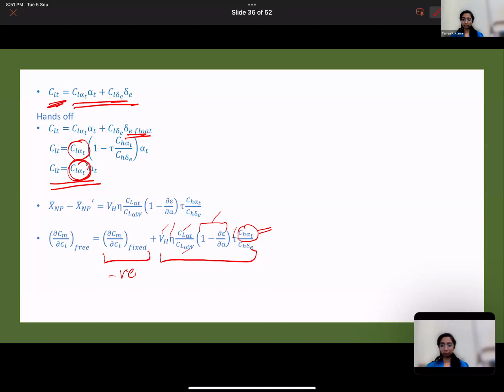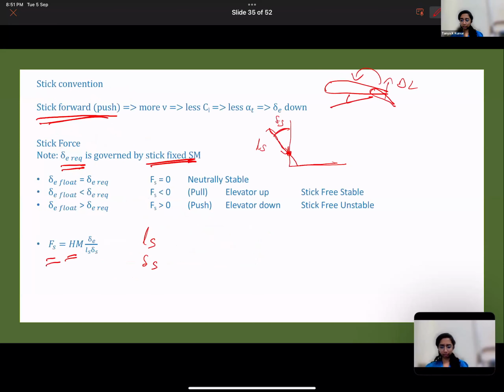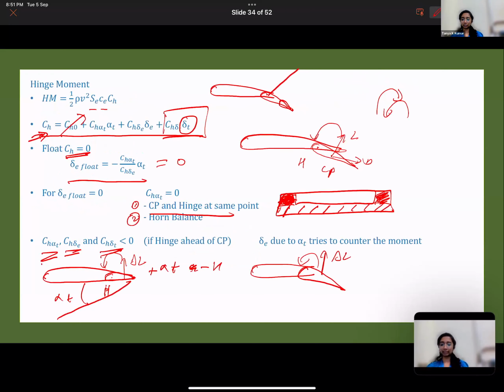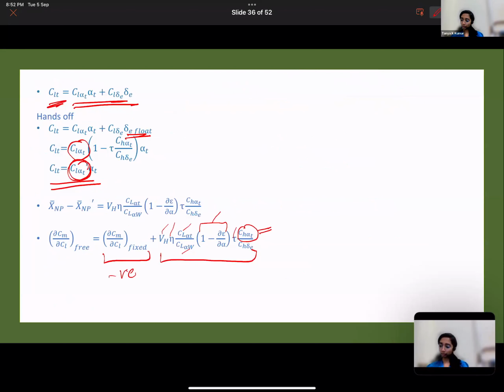We just saw that CH alpha tail, CH delta E, CH delta T, they are all negative. So this is negative. CH delta E again is negative. So this entire term is positive, right?